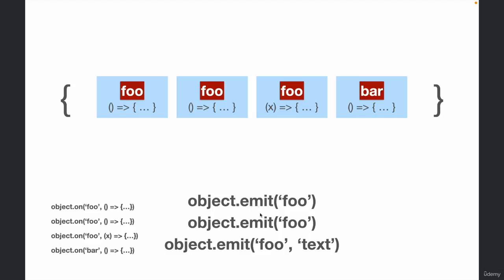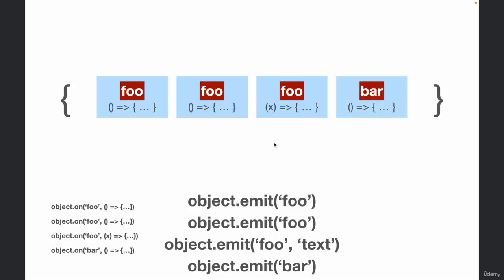In this case, we ran the emit method 3 times. So we're going to run these functions 3 times, each one of them 3 times. We could also emit the bar events like this. And in this case, we're not going to touch these foo functions, and we're only going to run the last function, the bar function.